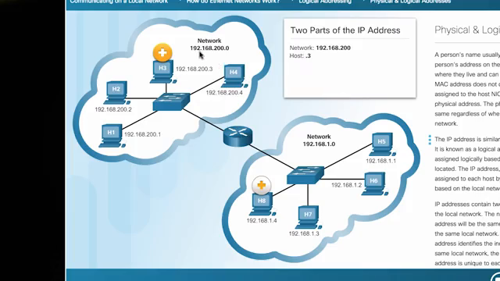So as you can see, in this network here, where this cloud is, all of the addresses begin with 192.168.200. And then they have different host portions of the address. .3 for H3, .4 for H4, etc. In this network over here is the 192.168.1.0 network.